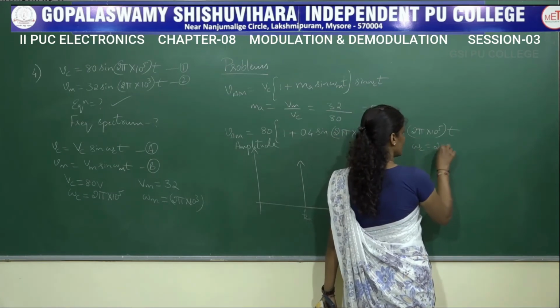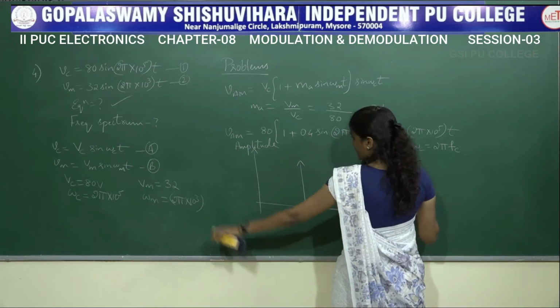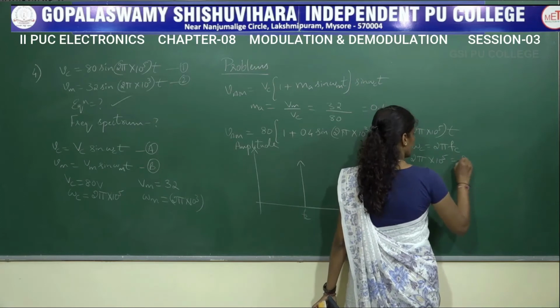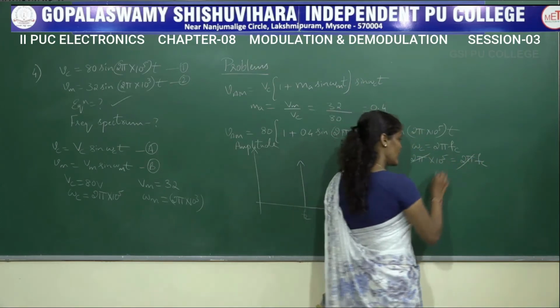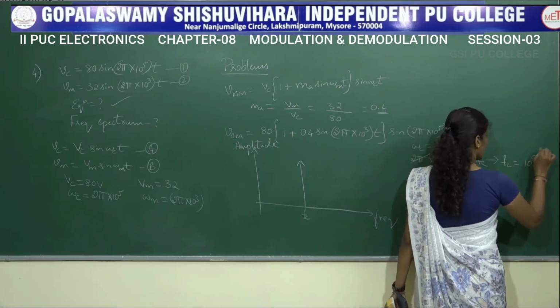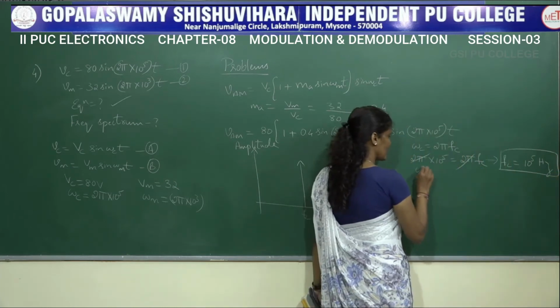Omega c is given as 2 pi into 10 to the power of 5, which equals 2 pi fc. The 2 pi cancels, so I am left with fc equals 10 to the power of 5 hertz. Let me calculate fm also.